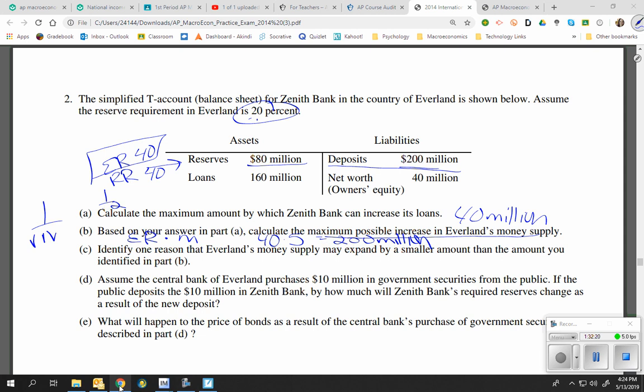Wait, if the Fed purchases this bond for $10 million, then the people they bought it from, the public, receive $10 million and then deposit it into their banks.